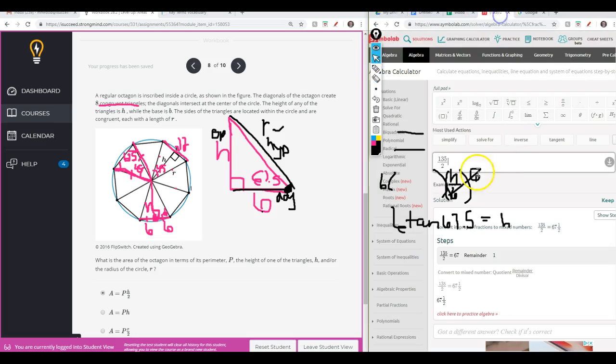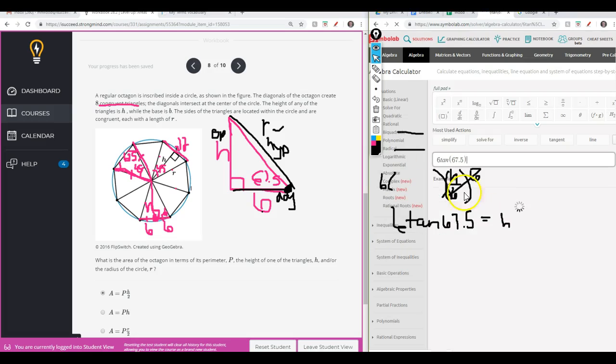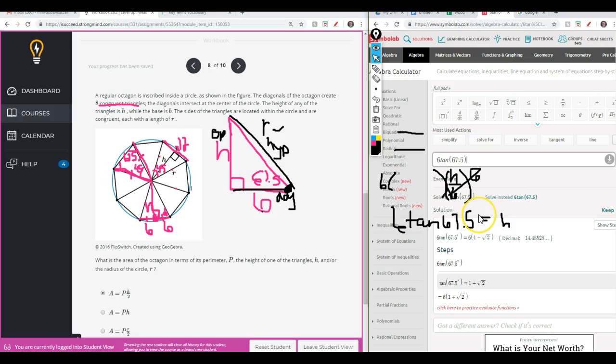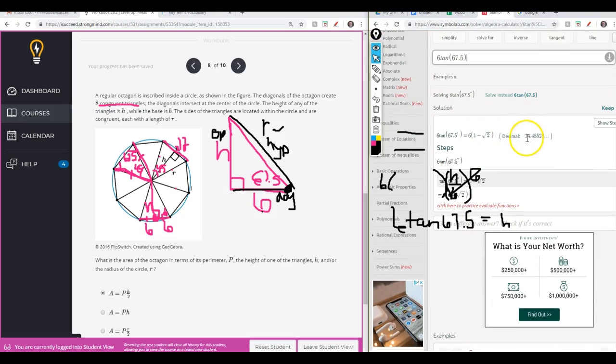So then we're going to jump over to our calculator, and it'll be 6 times tangent of 67.5 degrees, with 67.5 in parentheses. Notice it is solving for 67.5 degrees, and it gives us 14.48.